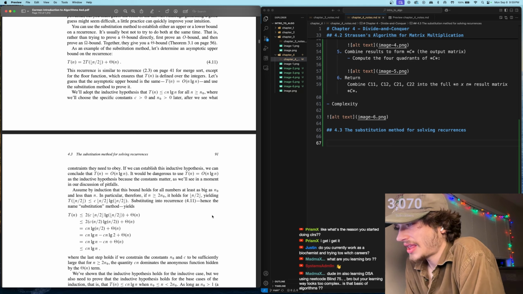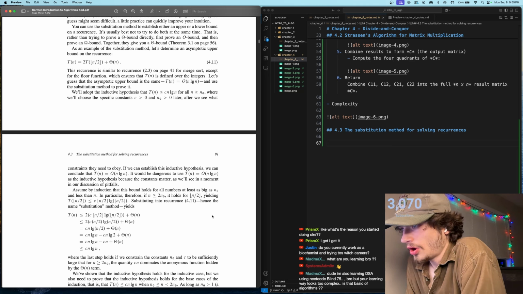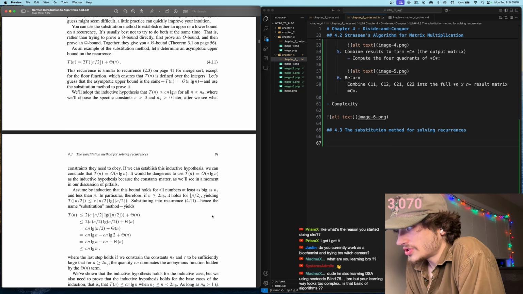Assume by induction that this bound holds for all numbers at least as big as n₀ and less than n. In particular, therefore, if n ≥ 2n₀, it holds for ⌊n/2⌋, yielding T(⌊n/2⌋) ≤ c⌊n/2⌋ log(⌊n/2⌋).